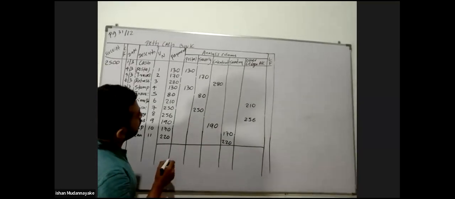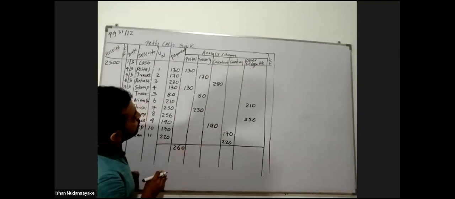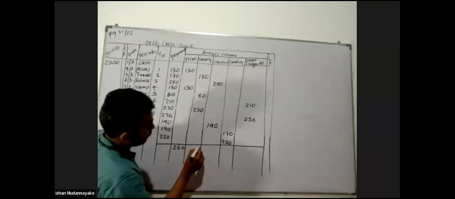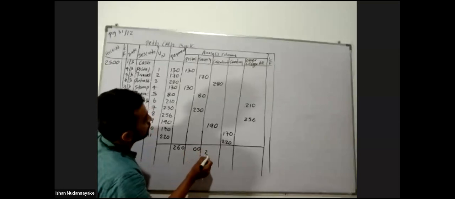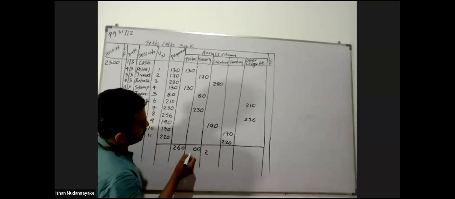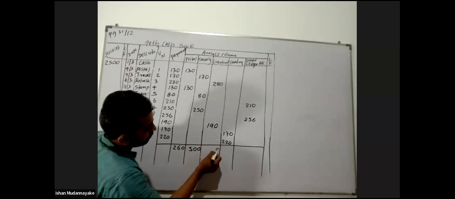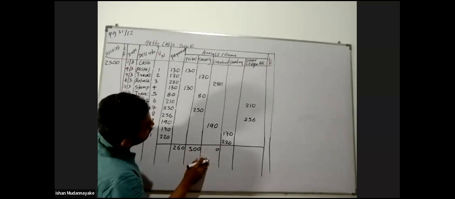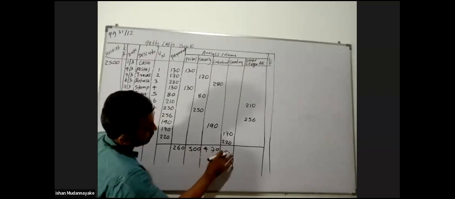Right. Postal total 260. Traveling total 500. Entertainment total 470.